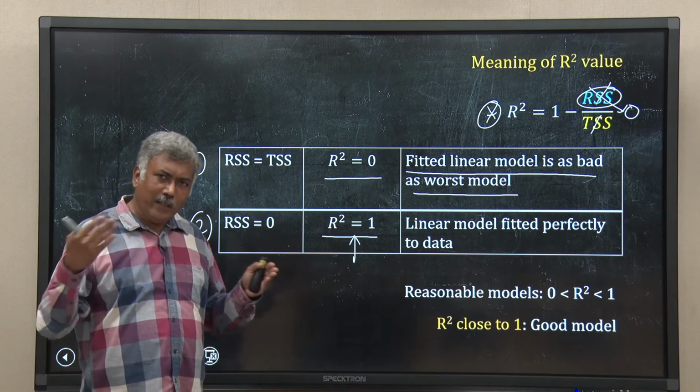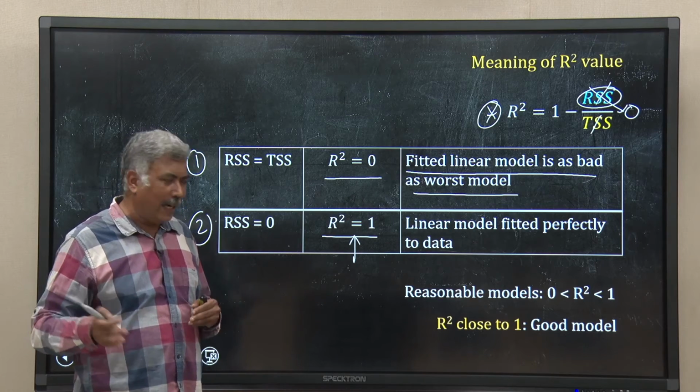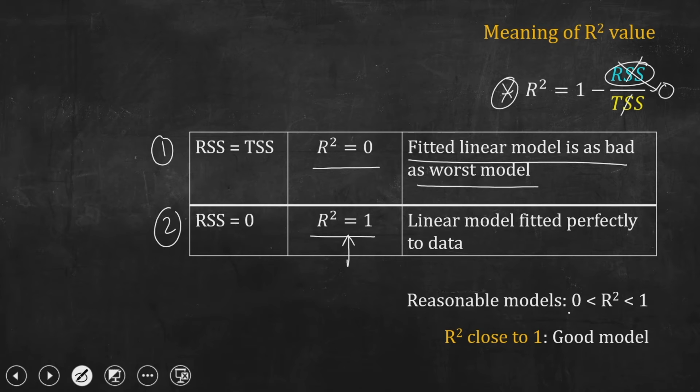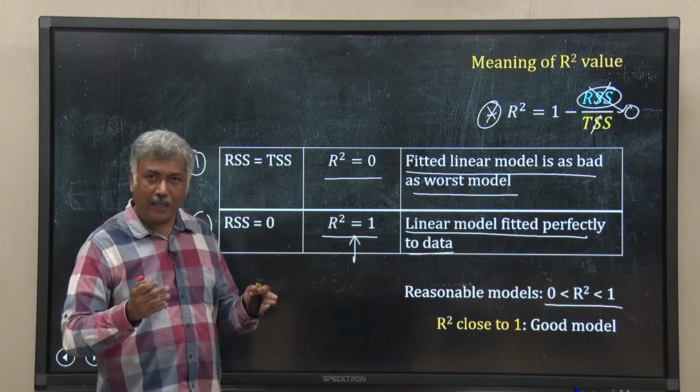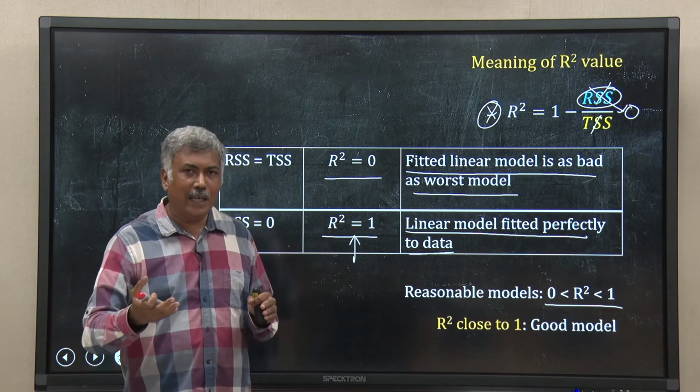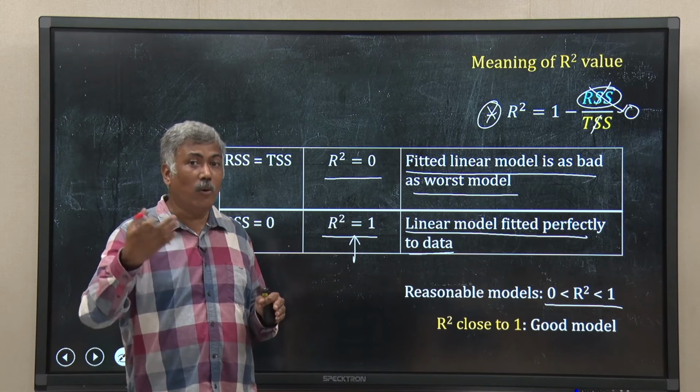For all realistic problems, all realistic data, my model's R squared will lie between 0 and 1. If R squared is close to 1, that means my linear model has fitted the data well, not perfectly, but well. If R squared is close to 0, that means my linear model is as bad as the Coarse model.